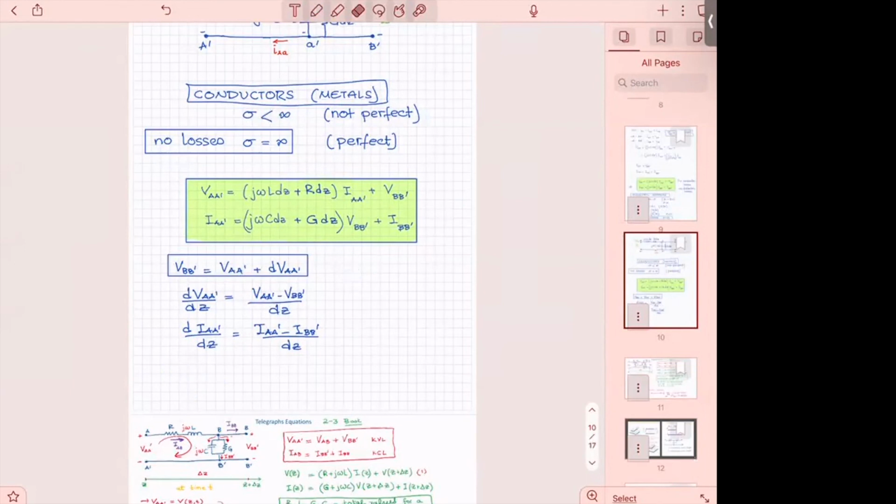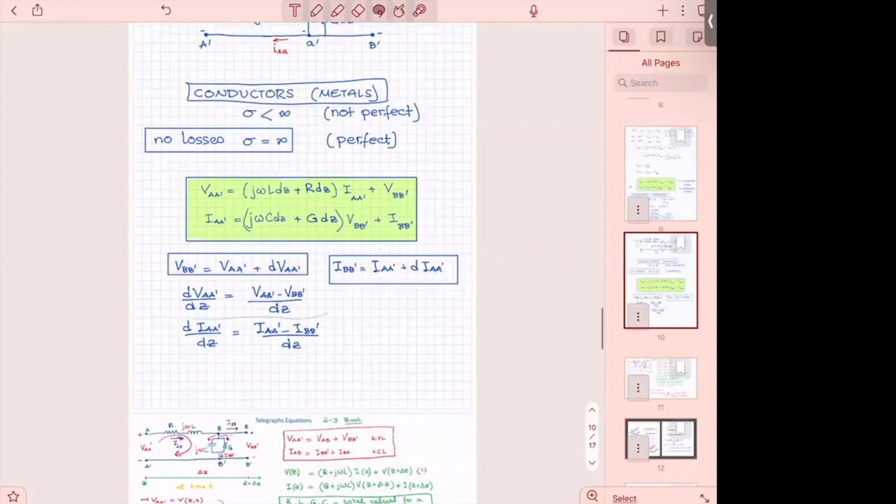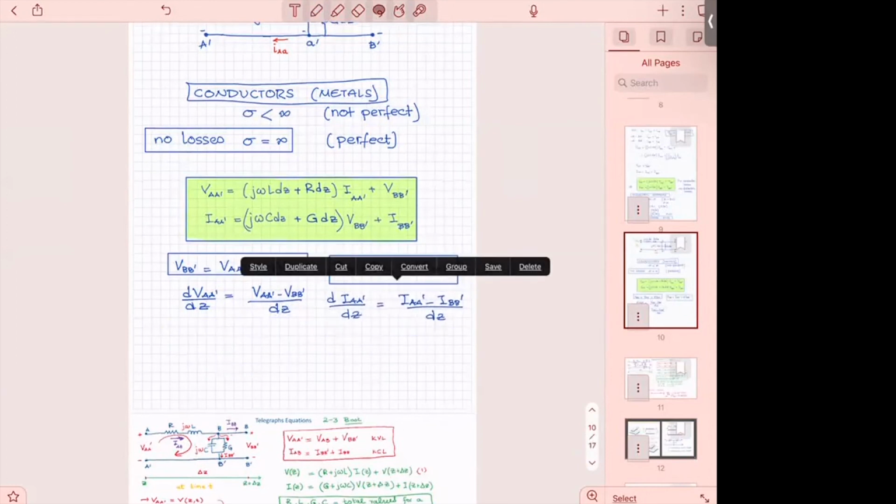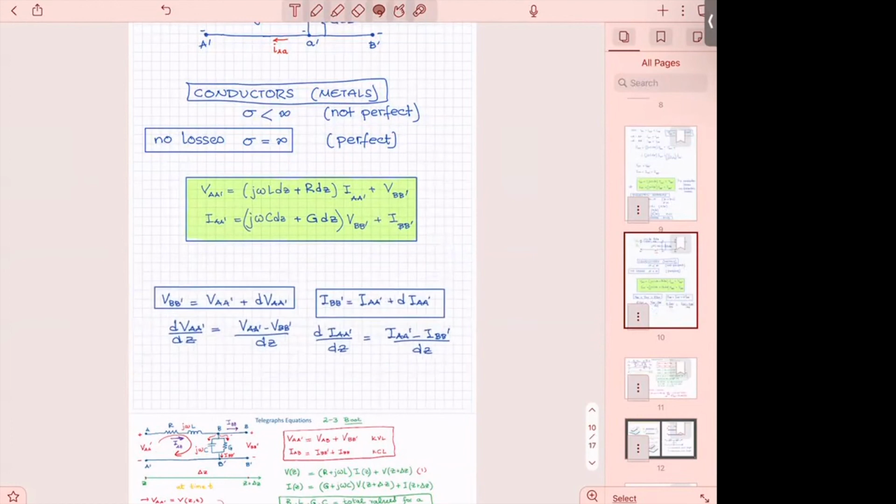That I at B prime equals I at A prime plus a small differential. And from these two, we have these expressions. All right, so with this in hand, you can rewrite the following equations.